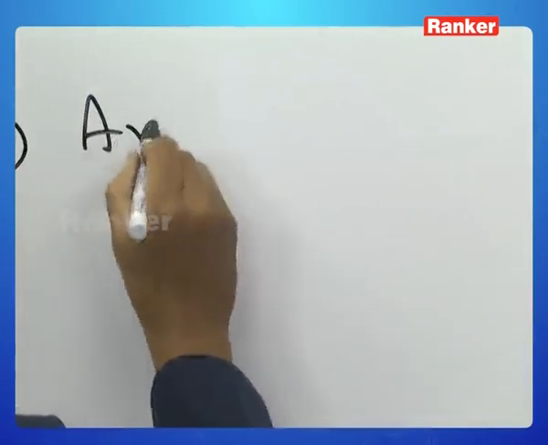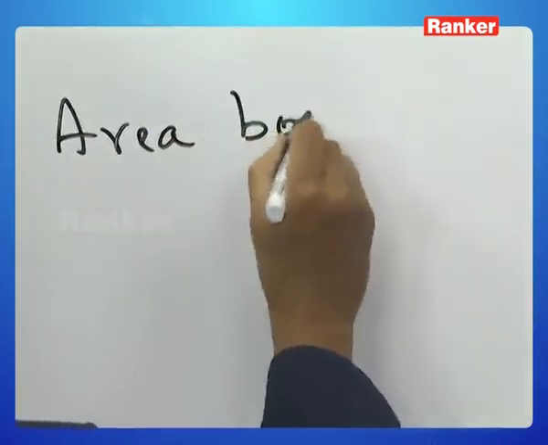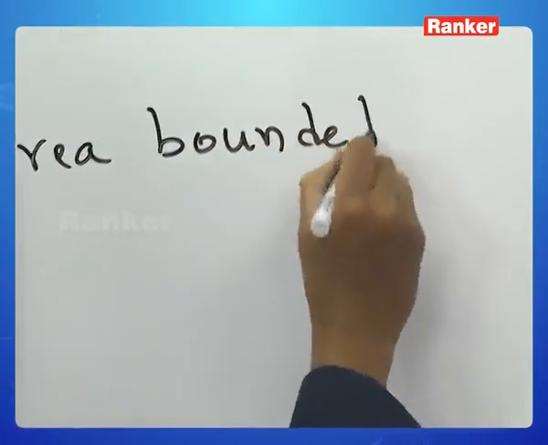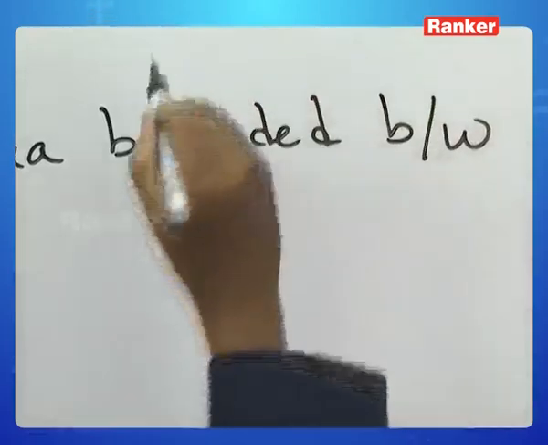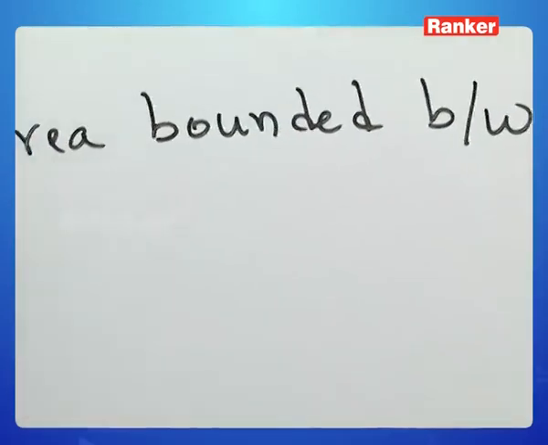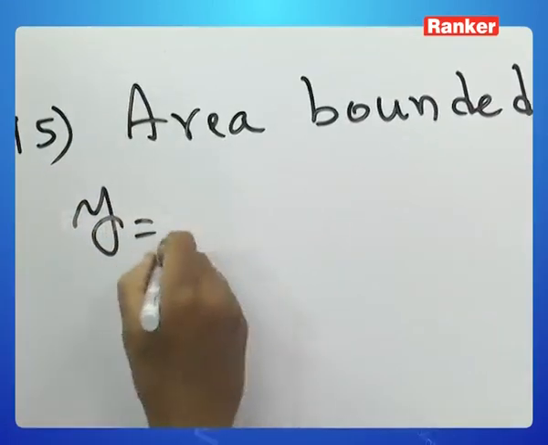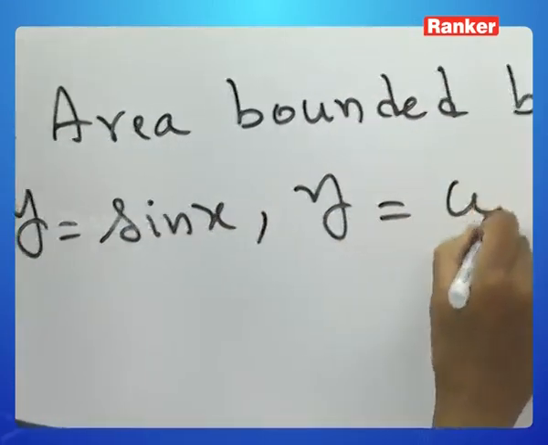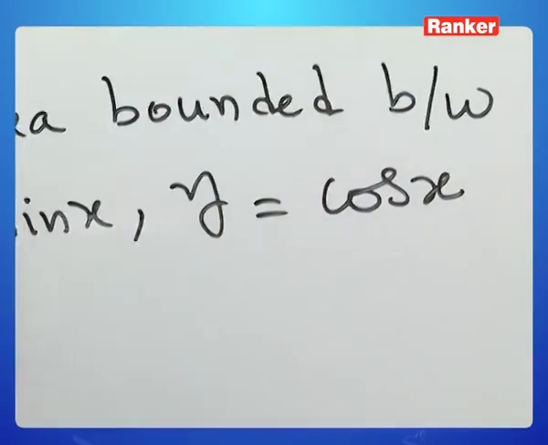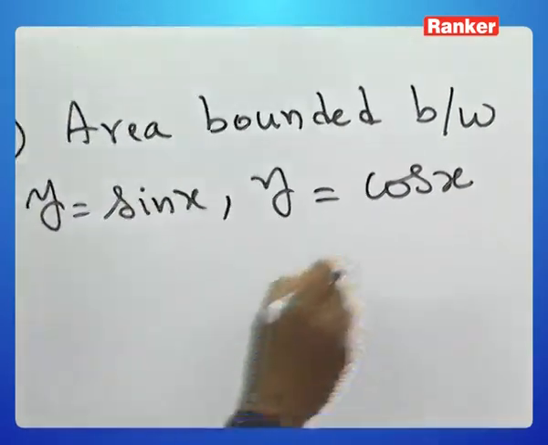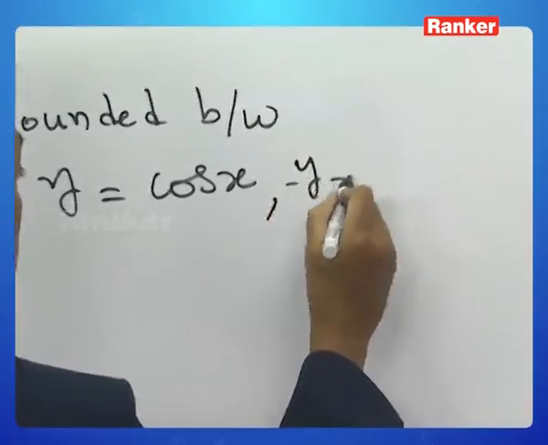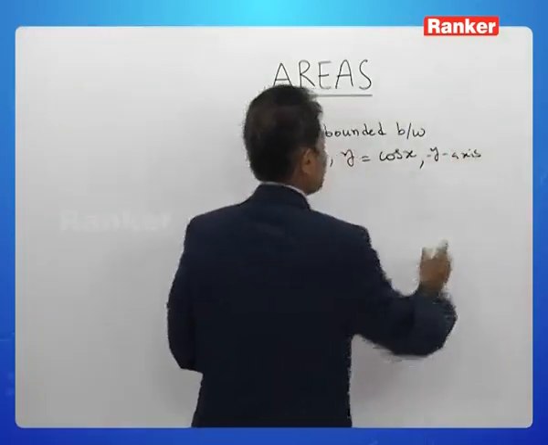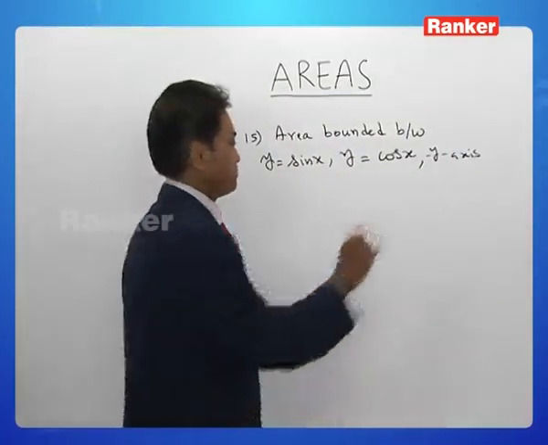So area bounded between y is equal to sin x, y is equal to cos x, and y axis. So let us see this diagram.